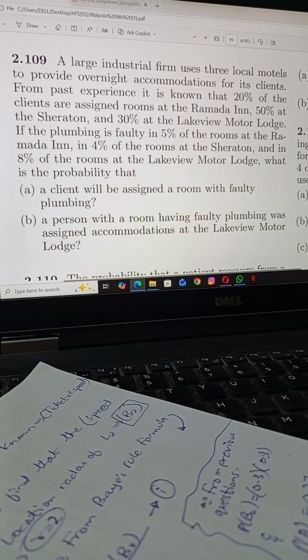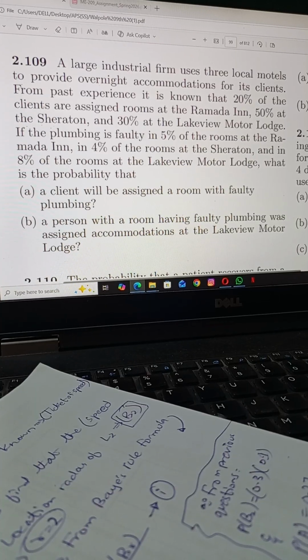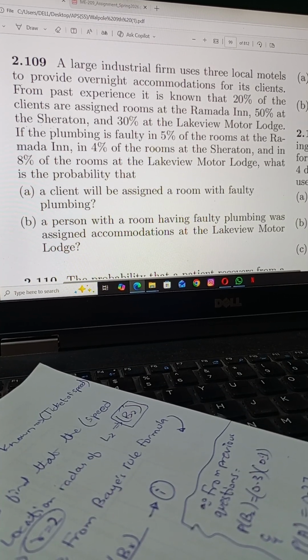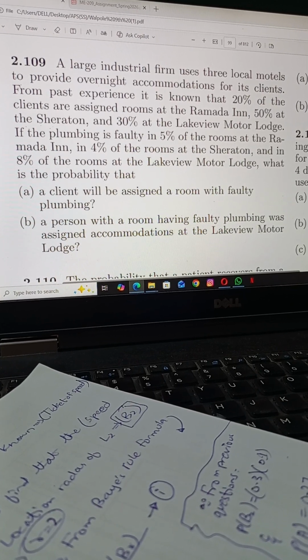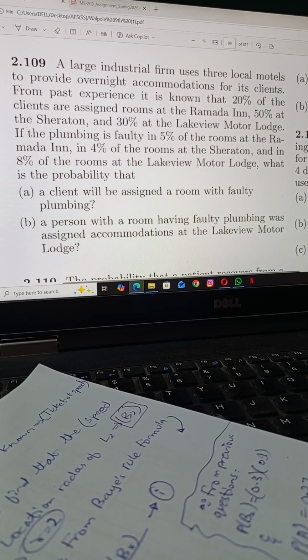The statement reads: a large industrial firm uses 3 local motels to provide overnight accommodation for its clients. From past experience, it is known that 20% of the clients are assigned rooms at Ramada Inn, 50% at the Sheraton, and 30% at the Lakeview Motor Lodge.